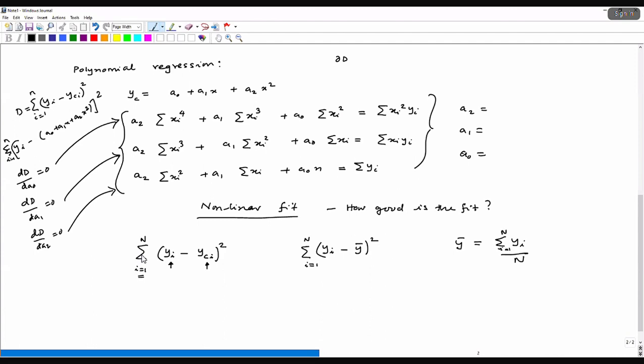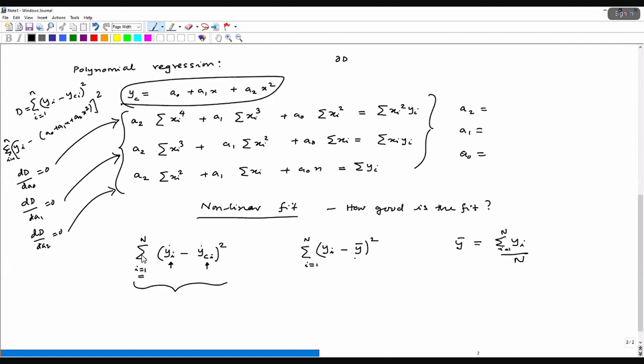That is the definition of mean, which you already know. Now the left hand side represents the deviation of the data with respect to what is predicted by the curve fit.